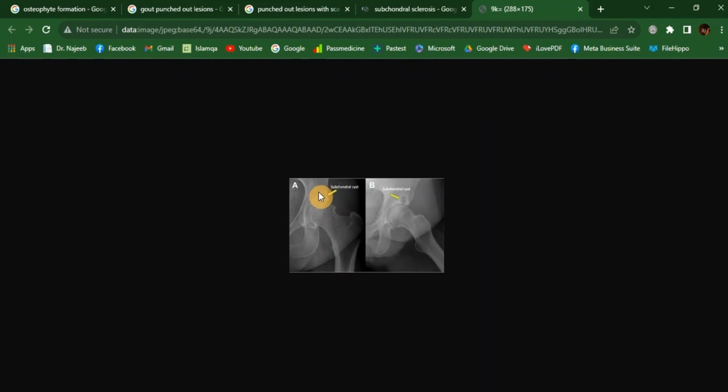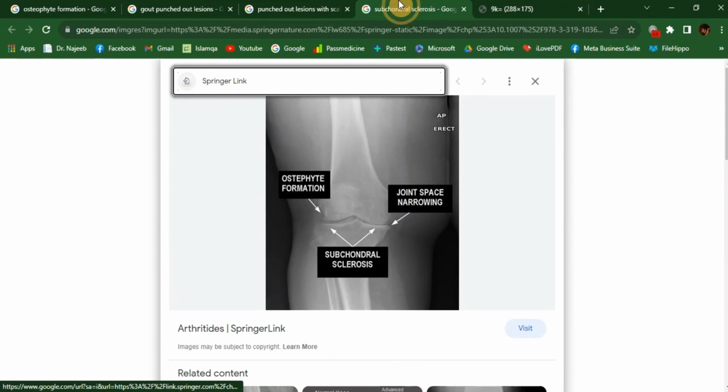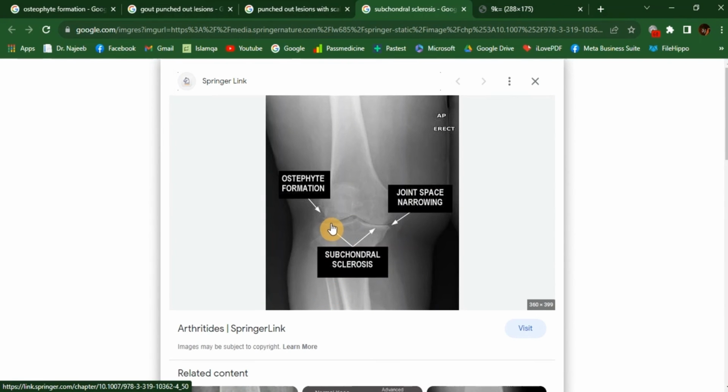So these are the subchondral cyst, cystic structure, blackish structure within the white bony matrices. These are the subchondral sclerosis, whitish shiny with double layered, and joint space narrowing. And this is osteophyte formation.